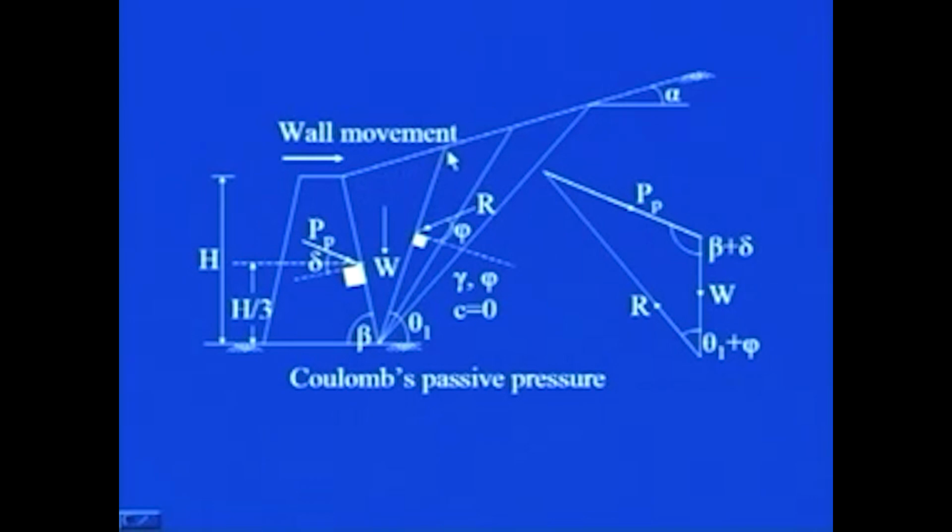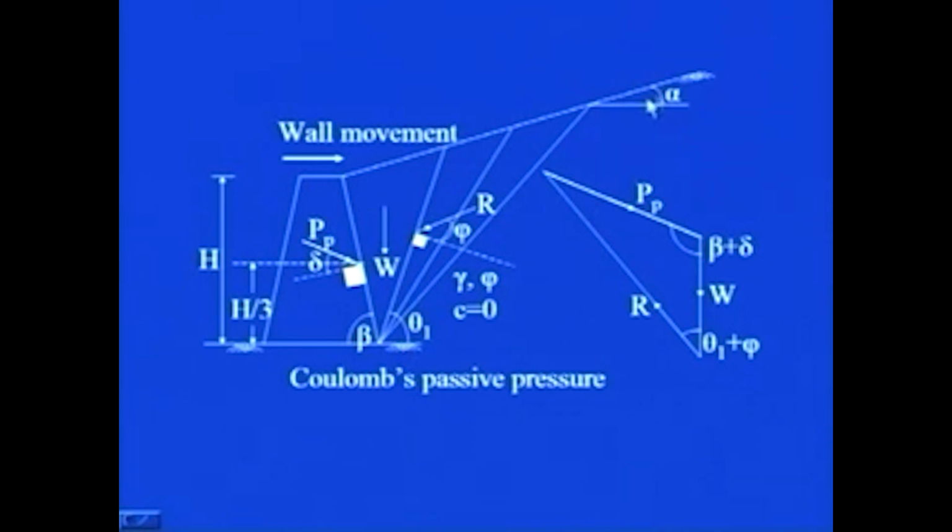The failure can take place along maybe this wedge, or this wedge, or this wedge. So, to analyze, let us look at a particular trial wedge and see what forces are acting on it, and then we can generalize the procedure.